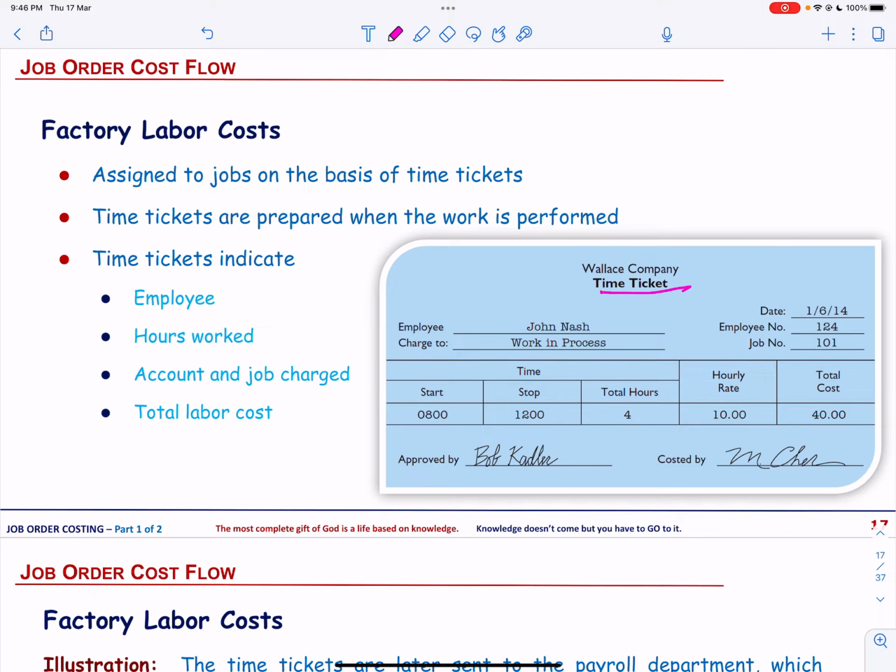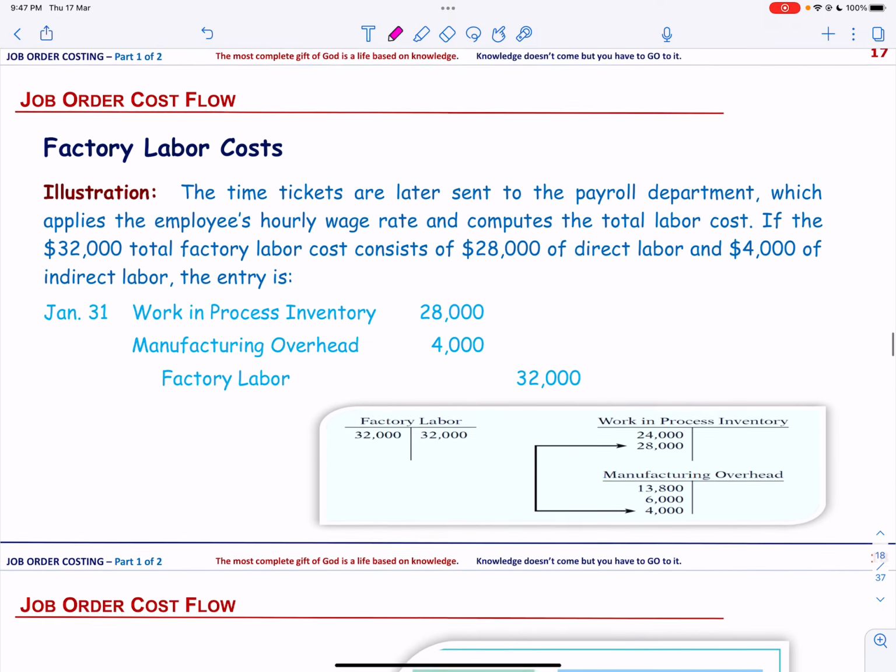The time ticket indicates the employee, the hours worked, the account and job to be charged, and the total labor cost. Finally, the journal entry is made. Let us look into an example on the next slide.